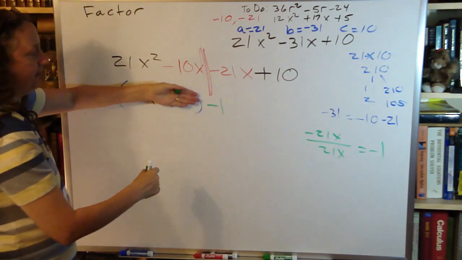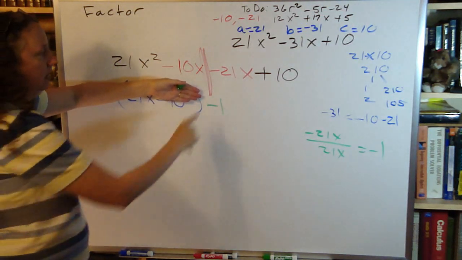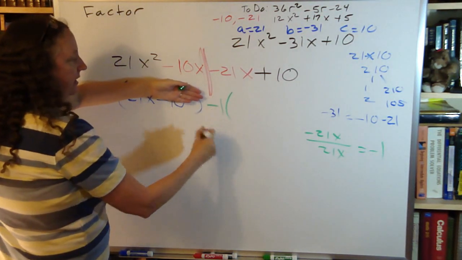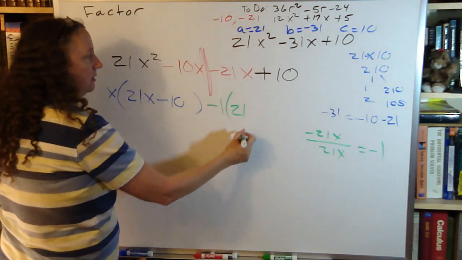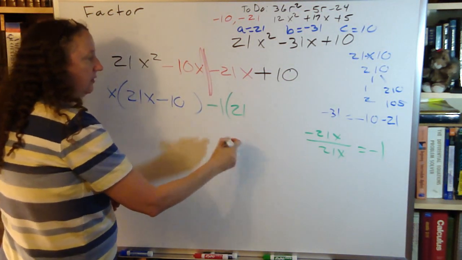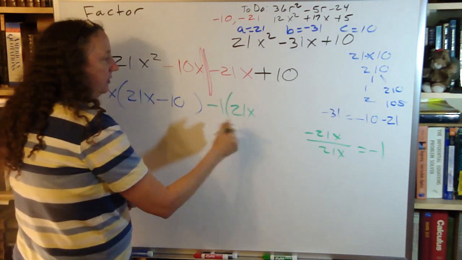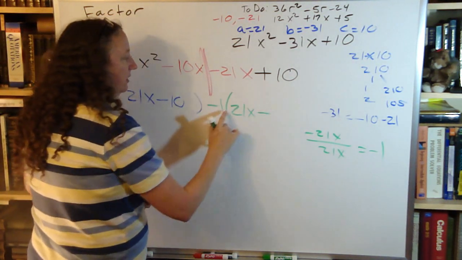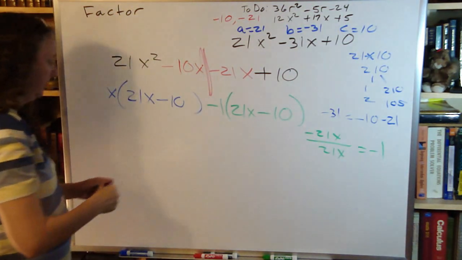Now I'm ignoring everything over here, and I'm working only with that and this negative 1. Negative divide negative is positive. 21 divide 1 is 21. X, no x, carry the x forward. Plus divide minus is minus. 10 divide 1 is 10. Reach the end, close the parentheses.